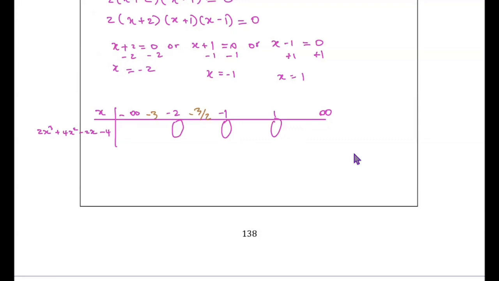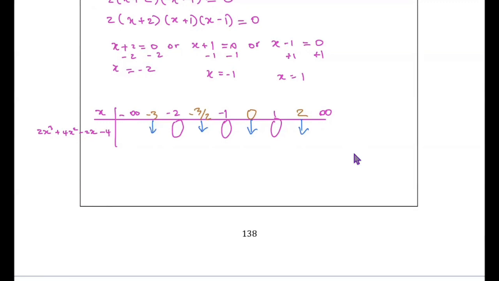I will take 0 because 0 is inside of the interval -1 and 1. And I will take 2 for the last interval. When I plug in these values and evaluate the expression for each, I find out whether it is positive or negative for each interval.